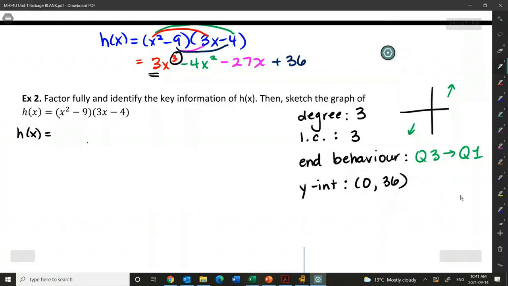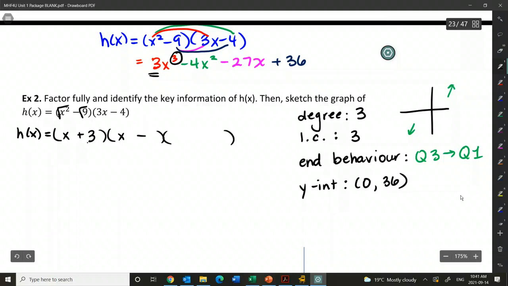When we have difference of squares, I have something squared minus something that's a perfect square. When I factor this, I will get 2 brackets, a positive bracket and a negative one. Then I just square root each of these to find the terms that go in here. So x plus 3, x minus 3. And then this one will still be 3x minus 4.